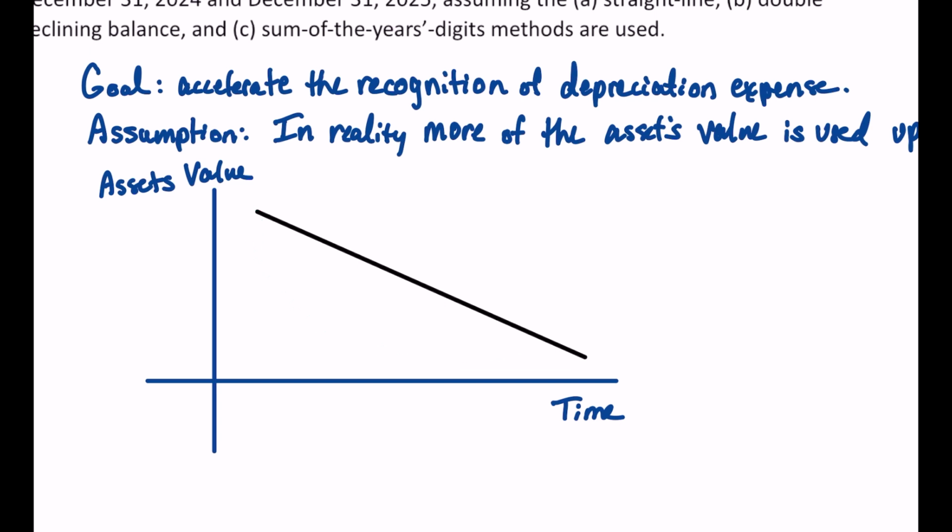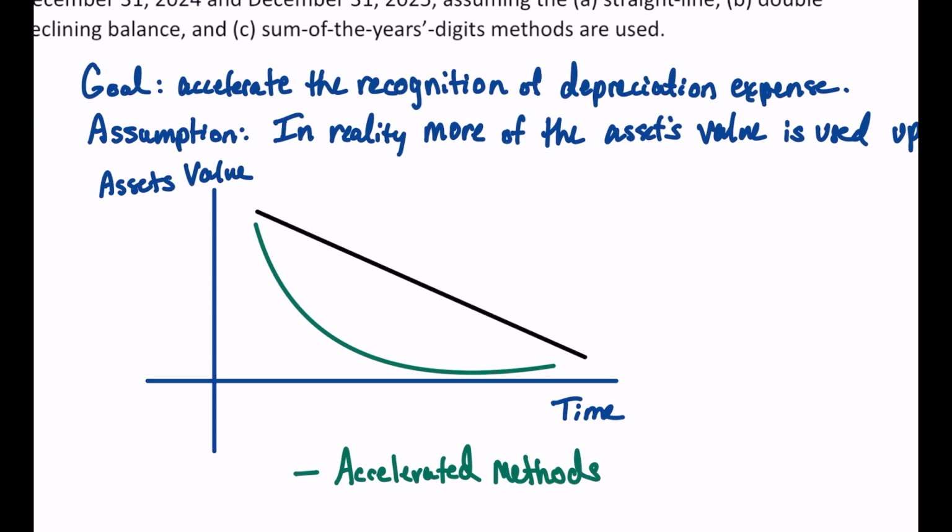So let's say green is accelerated methods, and black represents straight line depreciation.